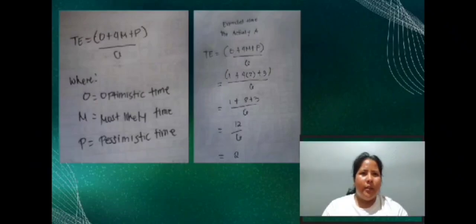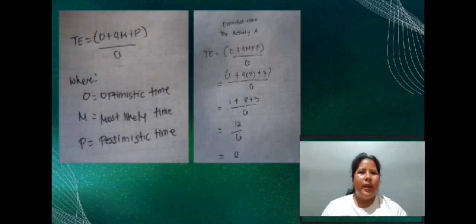So, now, isa ka example diri ang activity A. So, expected time is equals to O plus 4M plus P divided by 6. 1 ang optimistic time plus 4, 2 nga most likely time plus 3 nga pessimistic time divided 6.